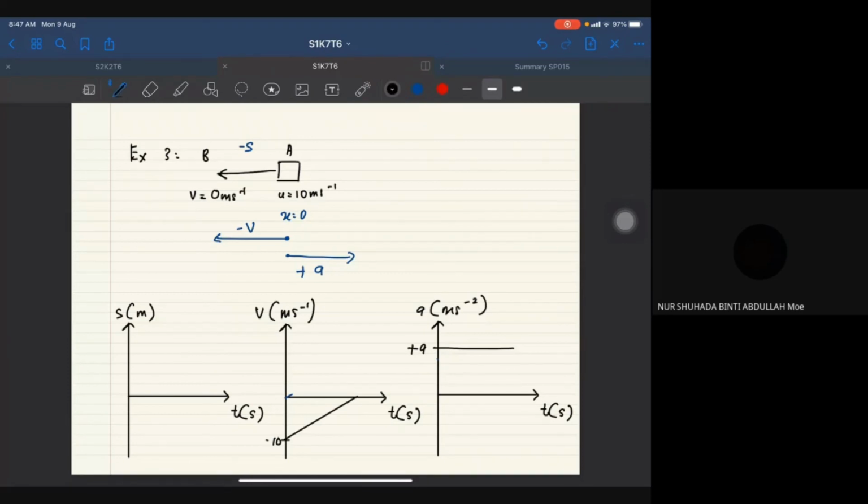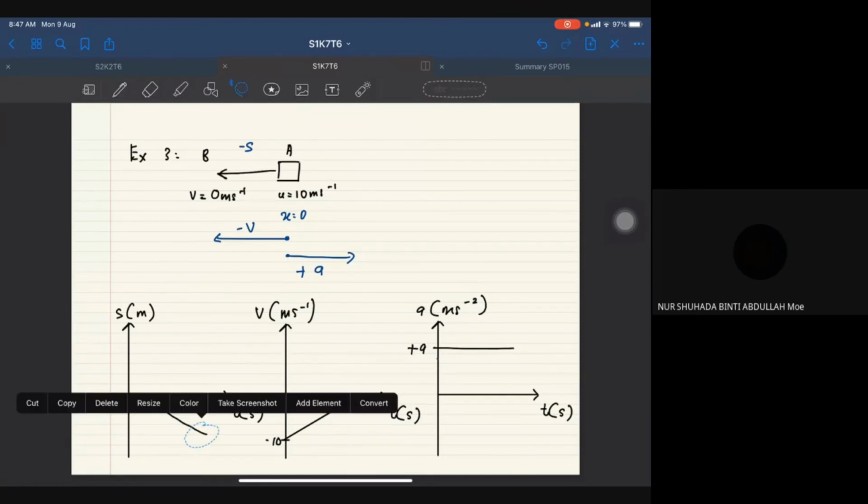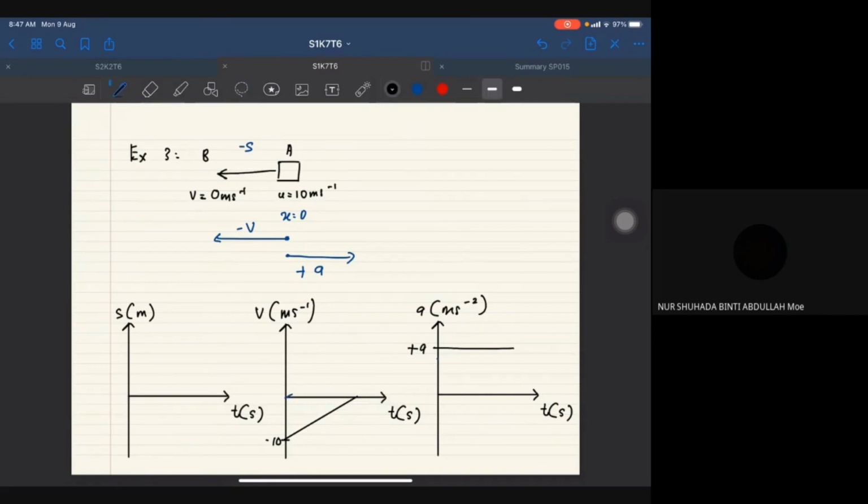Okay, tapi most of you guys agree yang dia bukan straight line. Sebab apa? Kalau dia straight line, maksudnya velocity dia adalah constant. Sebab dia punya increase in displacement tu to the negative direction tu adalah sekata. So that does not happen sebab kita tahu yang velocity dia tu menaik. Okay, so kalau macam ni, saya try to draw this.